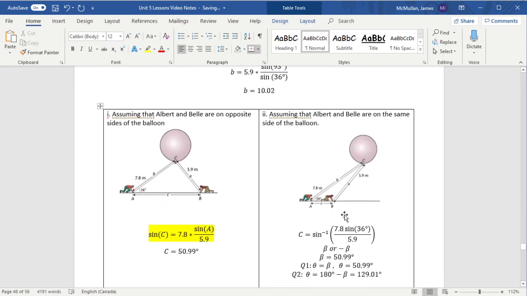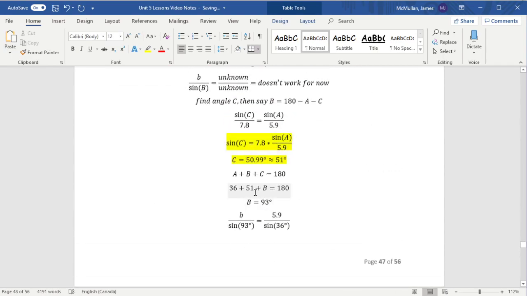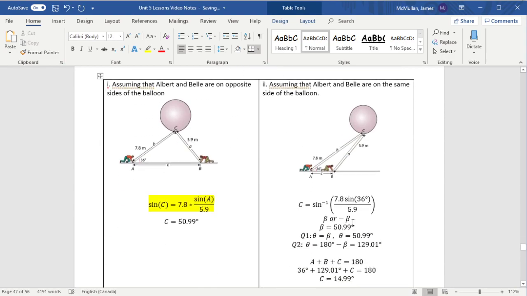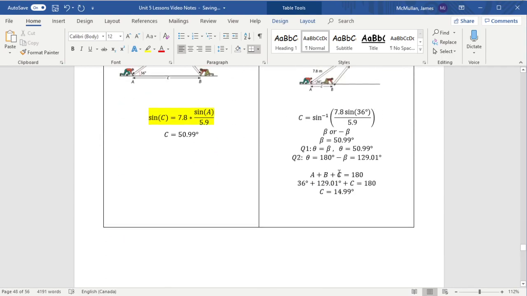Sorry, I used C; this should have been plus B, just to make it consistent with the other one.